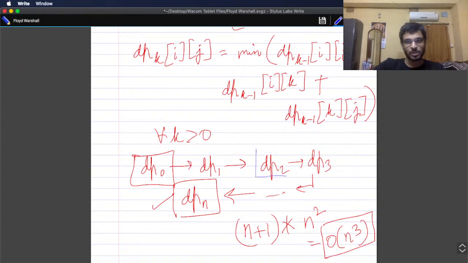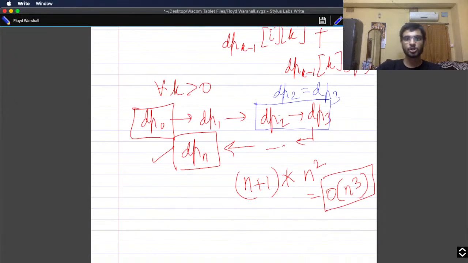So if dp2 is equal to dp3, what does this indicate? What do we know from this? If dp2 is equal to dp3, which means all the values are the same, what do we understand from this? That there is no shortest path utilizing, so from any A to B, if you find all the shortest paths using the first 2 vertices, and if you find all the shortest paths using the first 3 vertices, then none of them is improving.